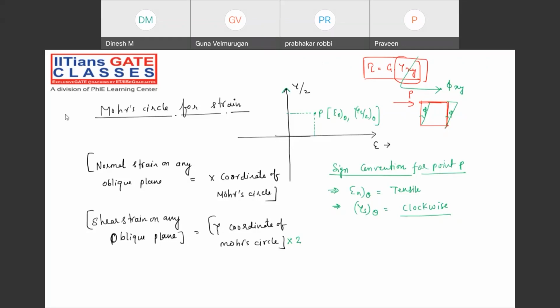This particular portion has not been covered till date in the GATE examination. Not a single time have they asked about this. So the y-axis will be shear strain by 2, and the x-axis is the normal strain.